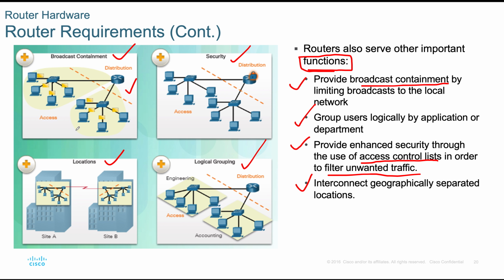Another big function of the router is that routers are able to group users logically by application or by department. What do you mean by group users? Routers are designed to be brilliant enough to identify the faculty of engineering: this data packet is going to the faculty of engineering, this data packet is going to the faculty of business and administration, this data packet is going to this department.